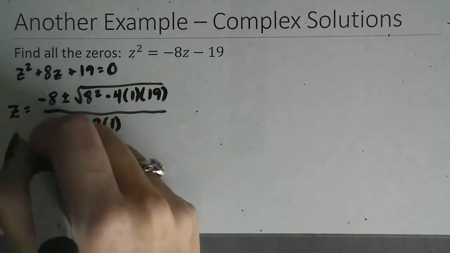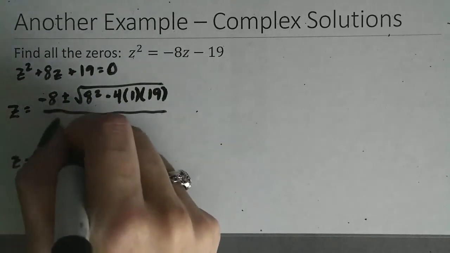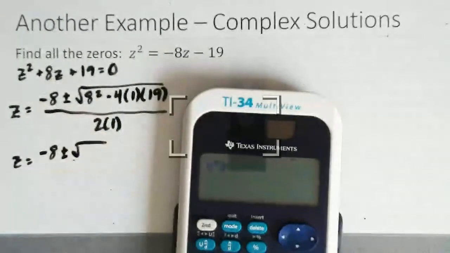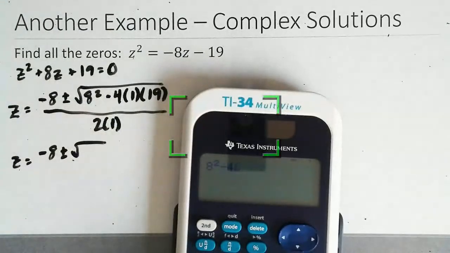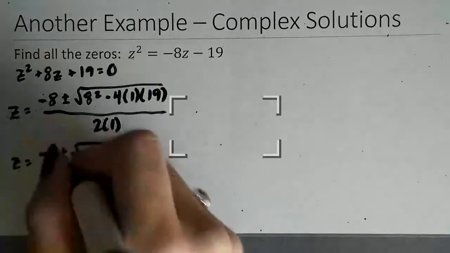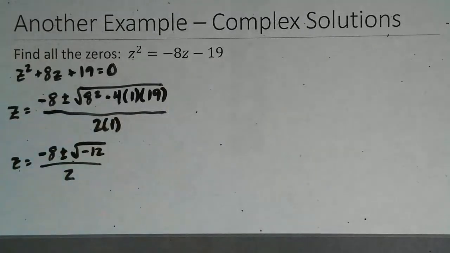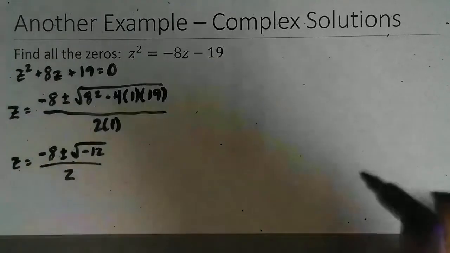So that gives us z is equal to negative 8 plus or minus the square root of, let's see what that is, 8 squared minus 4 times 1 times 19. That's a negative 12, all over 2. Well, we have to use what we know about complex numbers to help us simplify this.